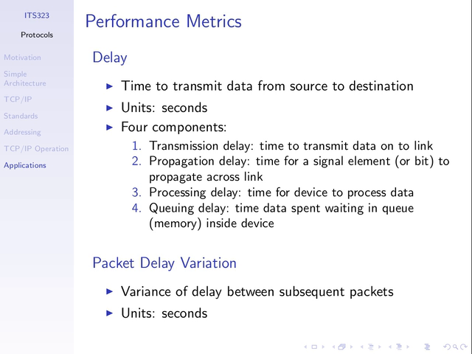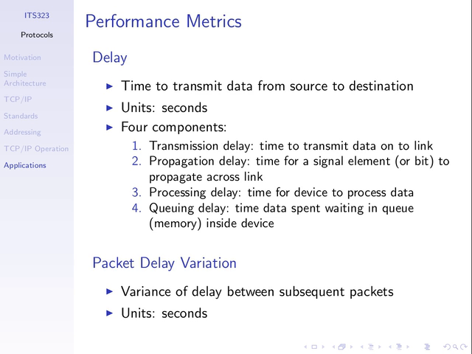Processing is the time for that computing device to process that data. Sometimes it's very small, sometimes it can be significant, like 4 milliseconds. It's hard to calculate, so often we just give a number, or some number is given. We do not have a formula to calculate processing delay.